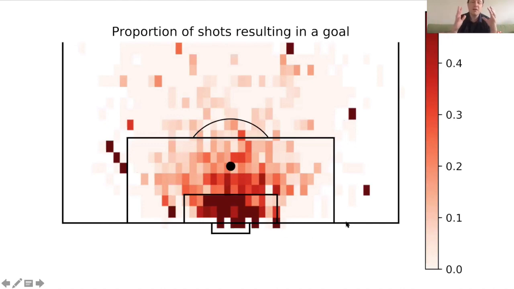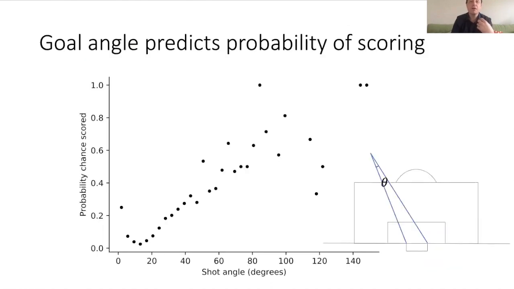But the smoothing out isn't to make it look good. I think I want to emphasize that. The reason for the smoothing out is that we want to base our expected goals model on some kind of underlying understanding of football. And what we found out last time, when we looked at it from a common sense point of view or a football knowledge point of view, is that goal angle predicts the probability of scoring.